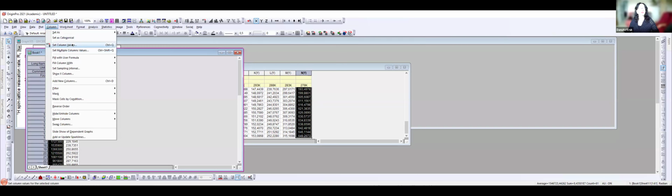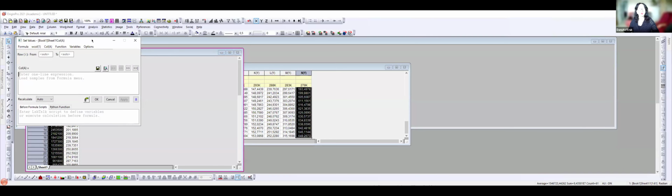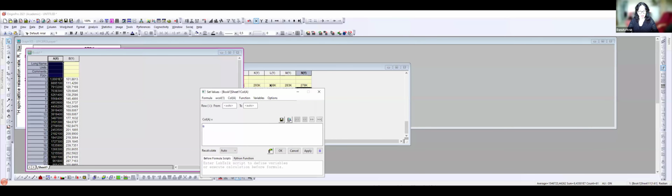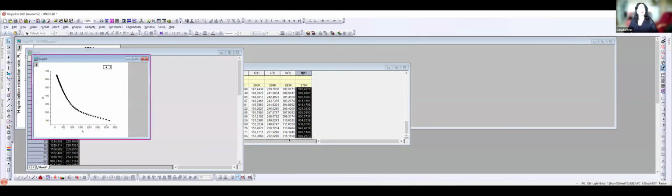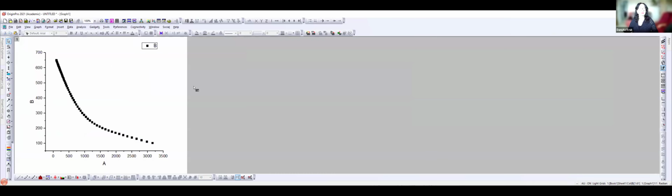Column, set column values, and they take the square root of the relaxation rate, of the resonance frequency. And I plot.